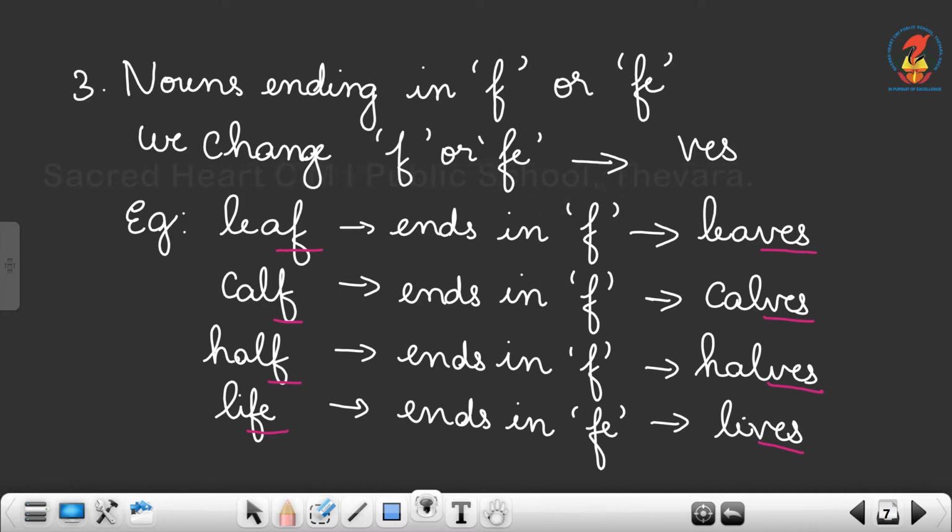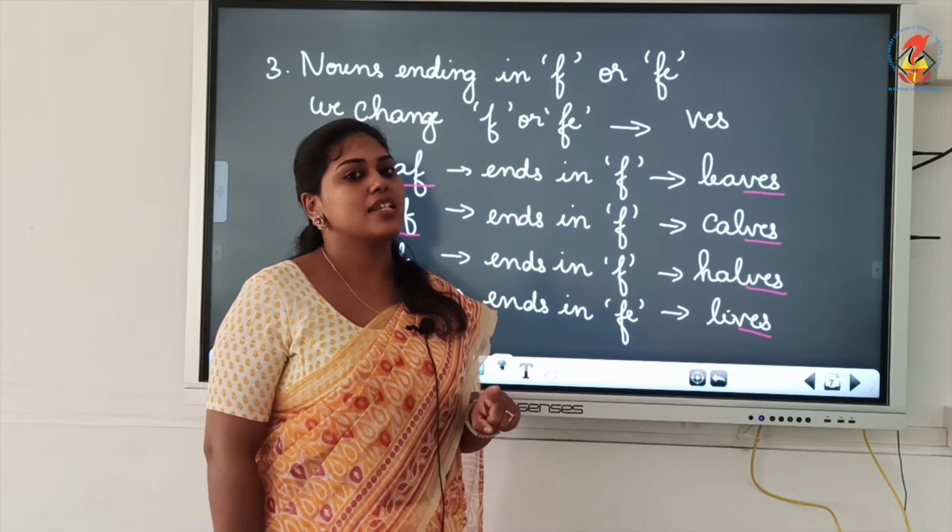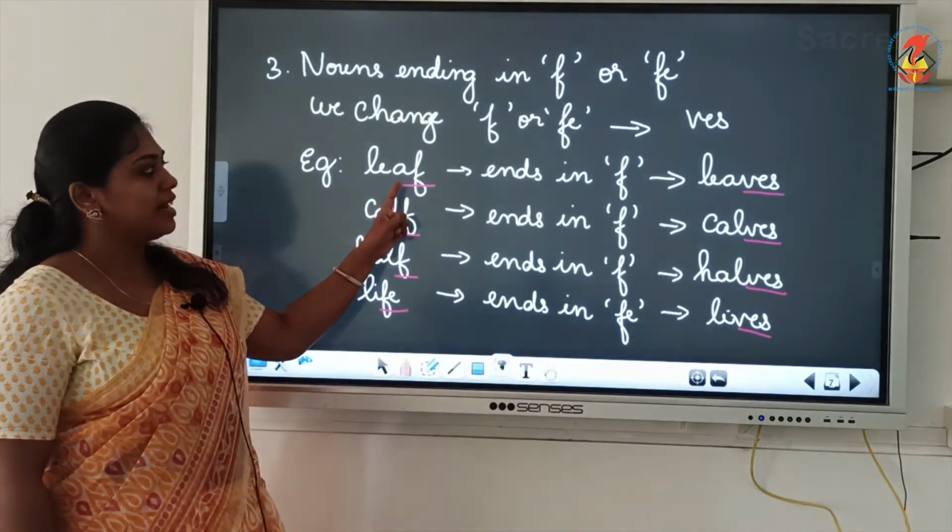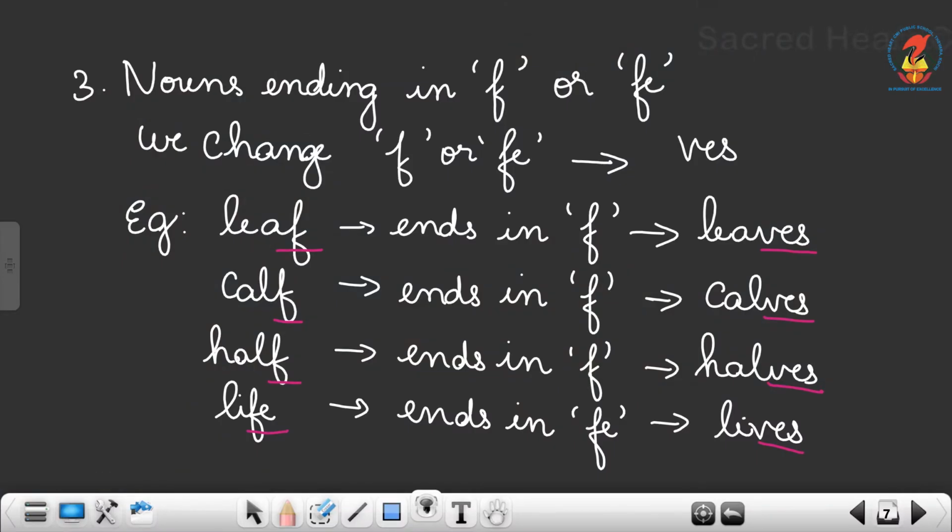For the nouns ending in f or fe, if a noun ends in f or fe, we have to change it into ves, or we have to add ves by cutting the letter f. Look at the word leaf. Leaf ends with the letter f, right?